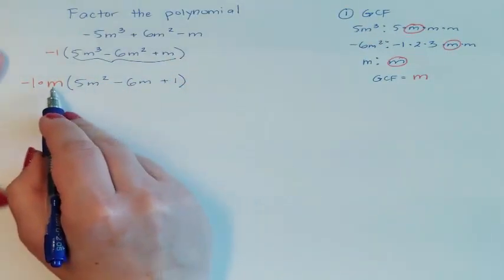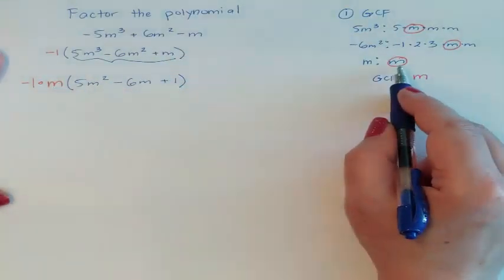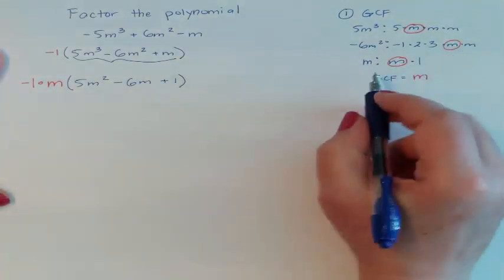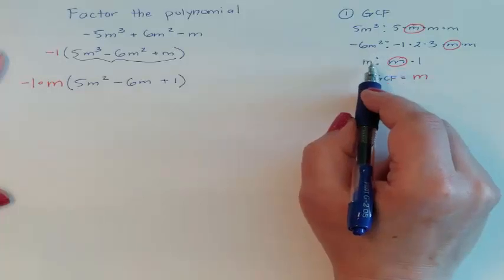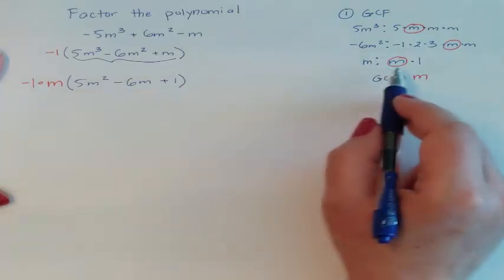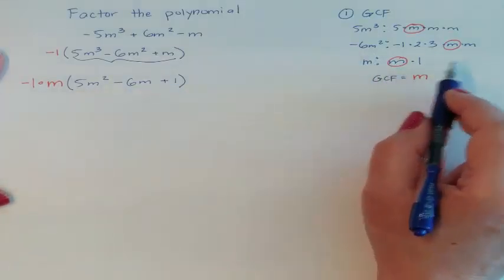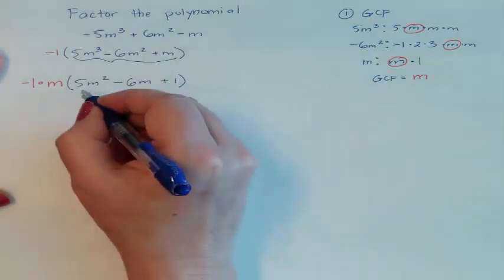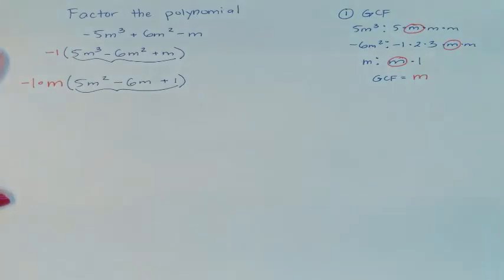M divided by my new m is 1. There was no leftover here. M times 1 is technically m. Every list has something written here. So if you ran out of anything in the list, that meant your leftover was a 1 that you had to have there. So now this is my new polynomial.